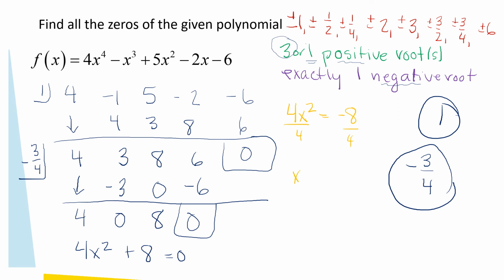So I get x squared is equal to -2. And I'll take the square root of both sides. And so x is going to equal positive or negative i square root of 2. So that's my other 2 roots. It wasn't positive, it's imaginary. So there's 1, 2, 3, and 4 roots.